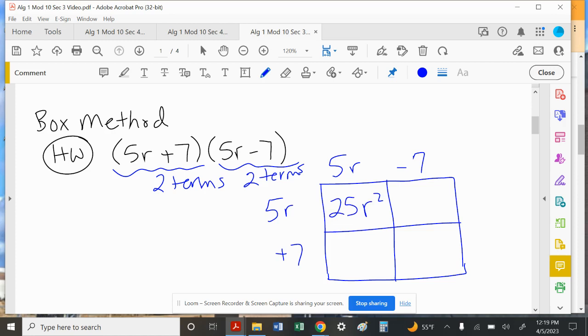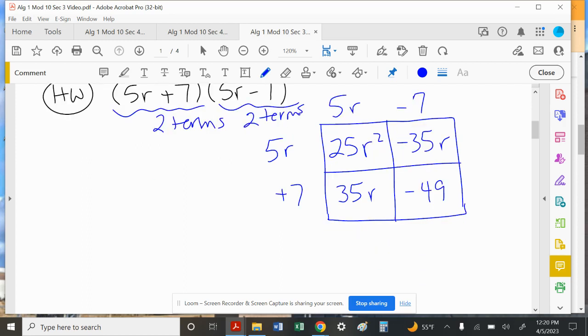We have negative 7 times 5R, which is negative 35R. That's for this box, right? This one we have 5R plus 7, so that's positive 35R. And then 7 right here intersects with negative 7, so we multiply those two, we get negative 49. So based on that, we now have 25r squared.